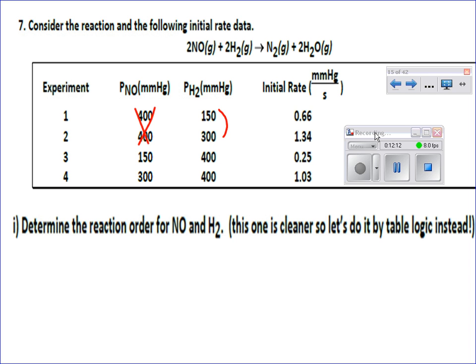So as I went from this pressure to that pressure, what happened to the pressure? It doubled. What power do I raise that to? What happened here? It doubled as well, right? What power do I raise 2 to get the rate to be 2? 1. So this is first order with respect to H2.